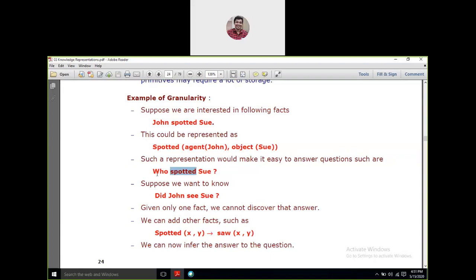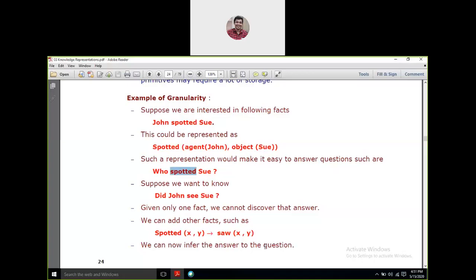But if this question is changed to another question like did John see Sue, the information extractor will not be able to extract this information, even though the fact is that see and spotted are exactly the same thing. But since the definition of see has not been properly cited in my granular structure of knowledge representation, I'm not able to fetch that kind of information, right?